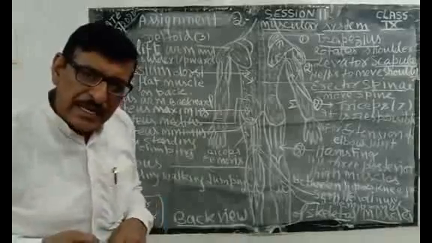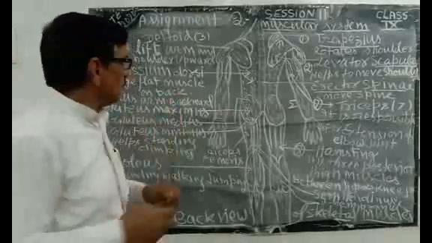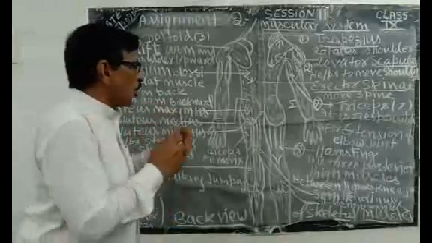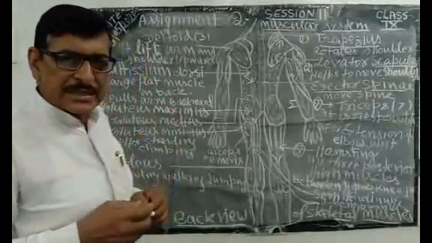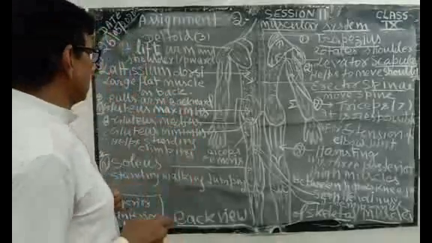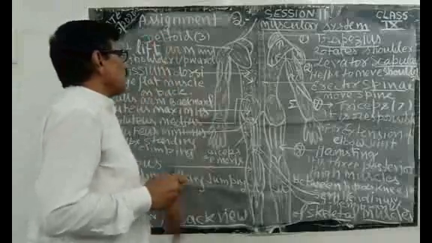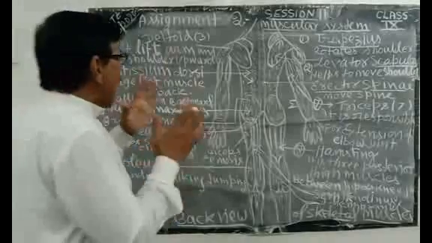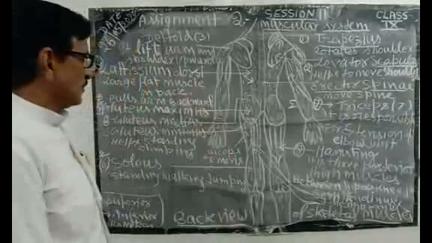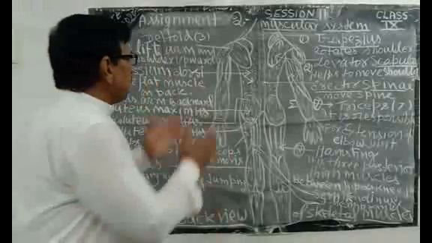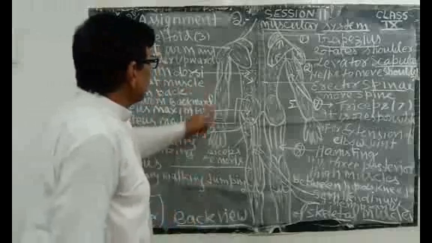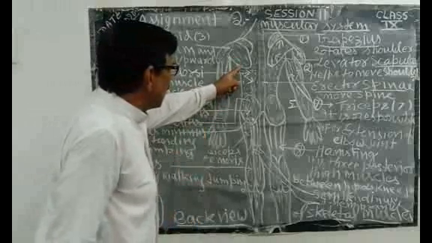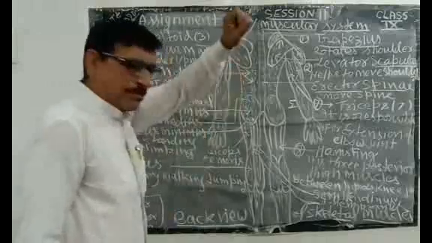We can say latissimus dorsi is a trunk muscle. It is a large flat muscle on the back between the scapula and hip.